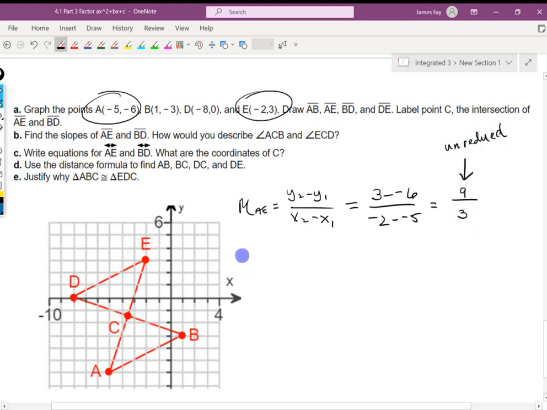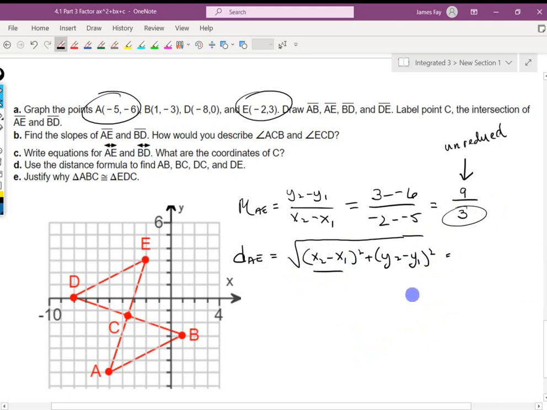Because remember, the distance of AE is x2 minus x1 squared plus y2 minus y1 squared, right? And if I can find that distance, so x2 minus x1, isn't that the 3? Does that make sense to everybody?